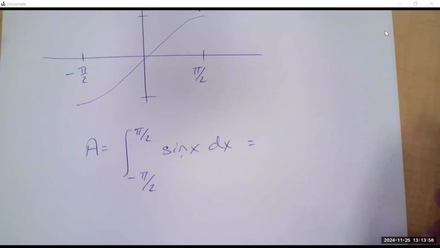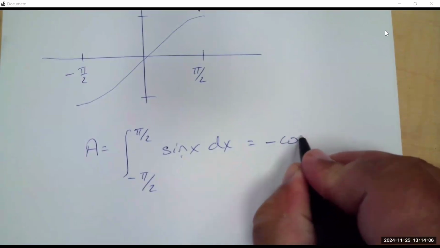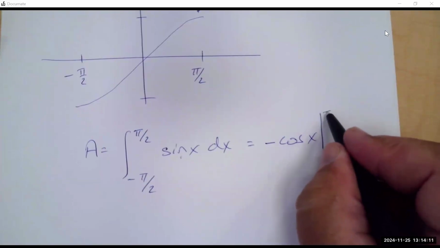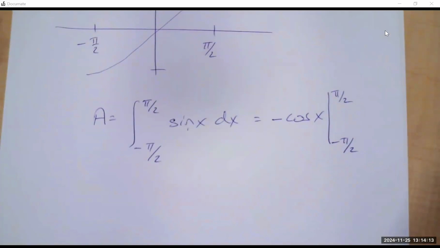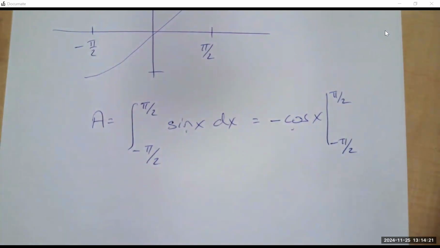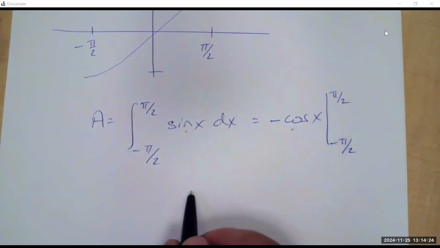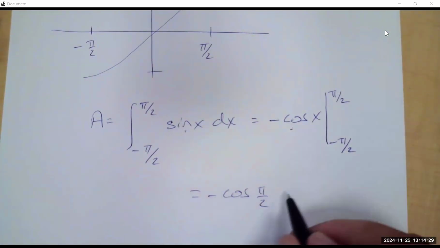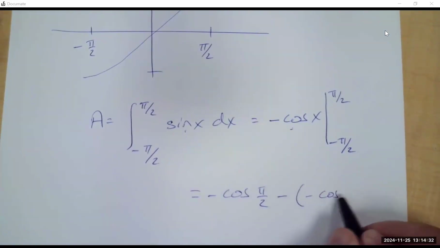We just talked about it 10 minutes ago. What's the integral of sine? Negative cosine, because the derivative of negative cosine is sine. It's going backwards. From negative pi over 2 to pi over 2, so I have negative cosine pi over 2 minus negative cosine negative pi over 2.